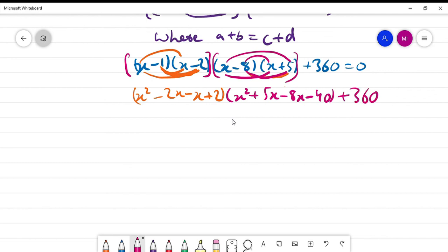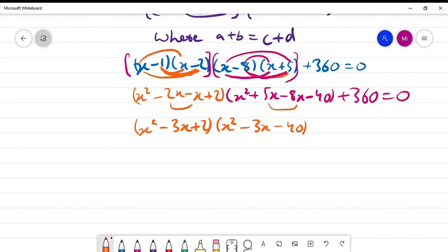Plus 360 is equal to 0. So let's simplify these two and these two. We get x squared minus 3x plus 2 into x squared minus 3x minus 40 plus 360 is equal to 0. So now if we multiply x squared into x squared, we're going to get a quartic equation.